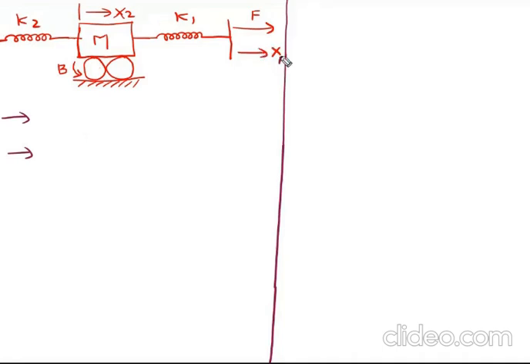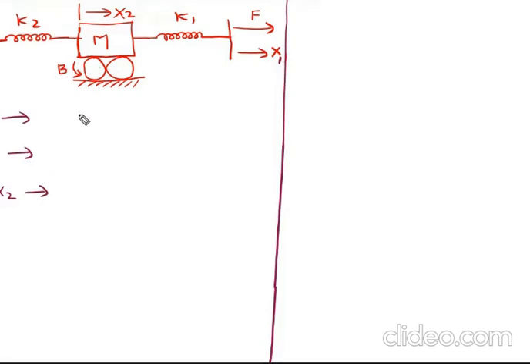If you observe at the x1 side, one variable is there, named force, and another element connected is K1. So the first step for you is to identify the elements which are connected to x1 alone, x2 alone, and common between x1 and x2.